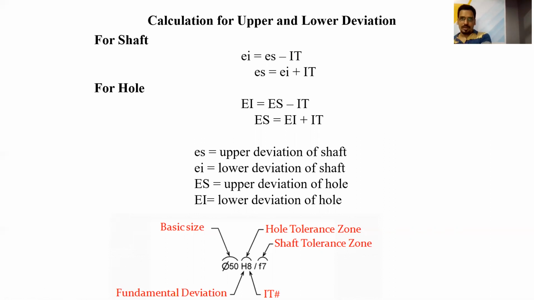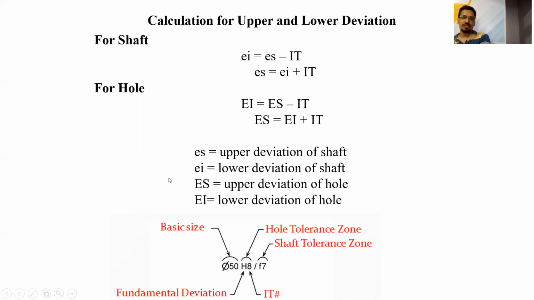Next, for the hole, capital EI is the lower deviation of the hole. So EI is equal to ES minus IT. So ES, that is the upper deviation of the hole, is equal to EI, that is the lower deviation of the hole, plus IT, that is the tolerance grade.